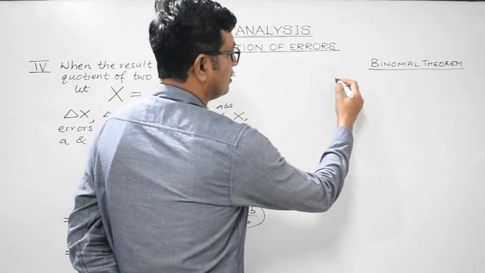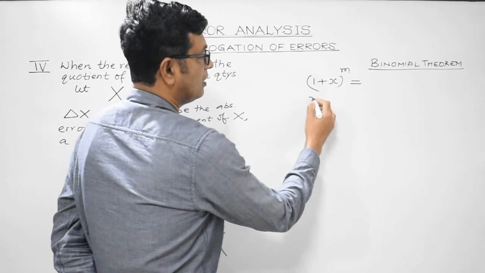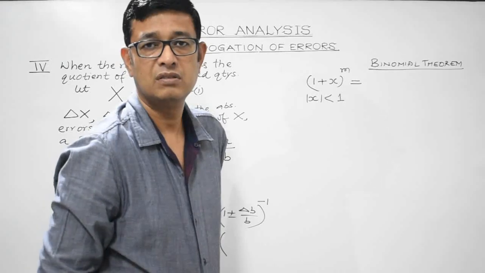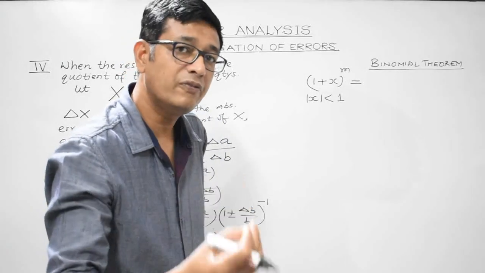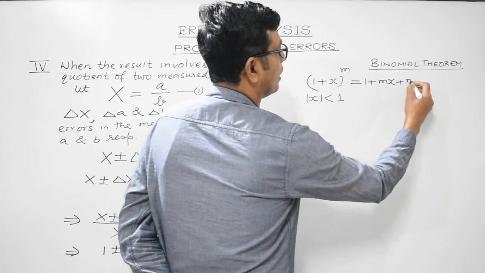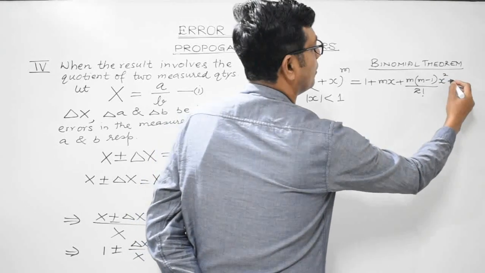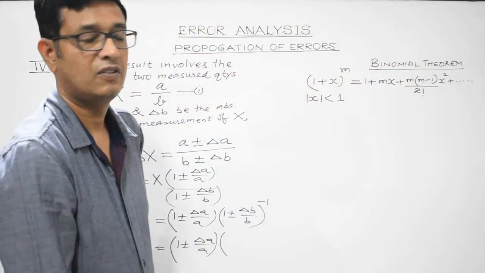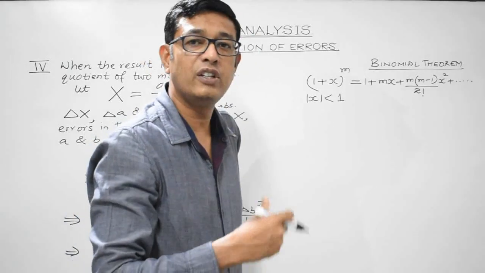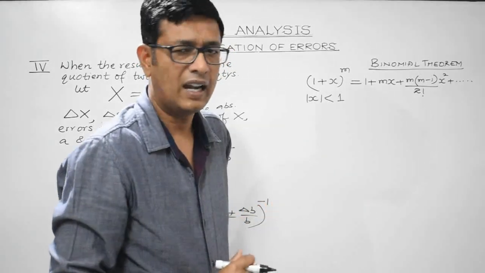What the theorem states is, if it's in the form 1 plus x to the power n, where the mod of x should be less than 1, and n can be any number, an integer, positive, negative, or even a fraction, then the series is 1 plus nx plus n into n minus 1 by 2 factorial into x square plus terms containing higher powers of x. 2 factorial is 2 into 1, that is 2. 3 factorial is 3 into 2 into 1, that is 6. 4 factorial is 4 into 3 into 2 into 1, that is 24, and so on.